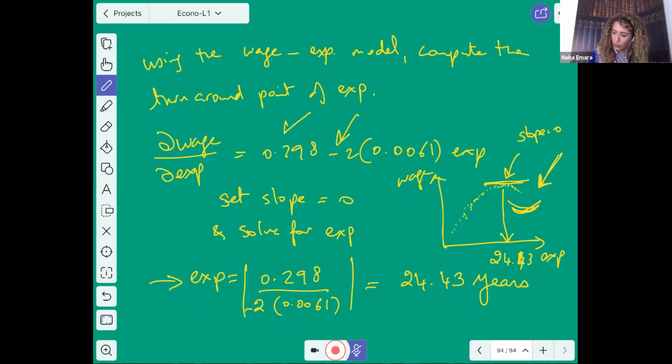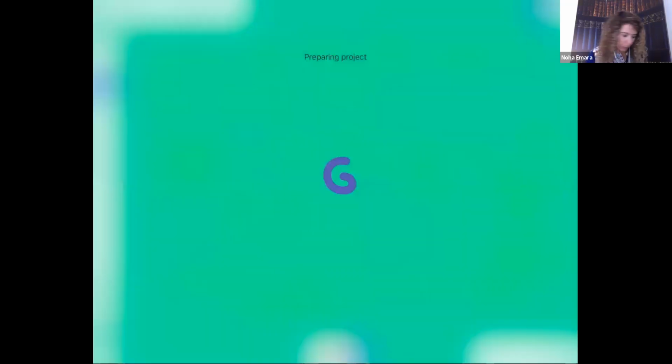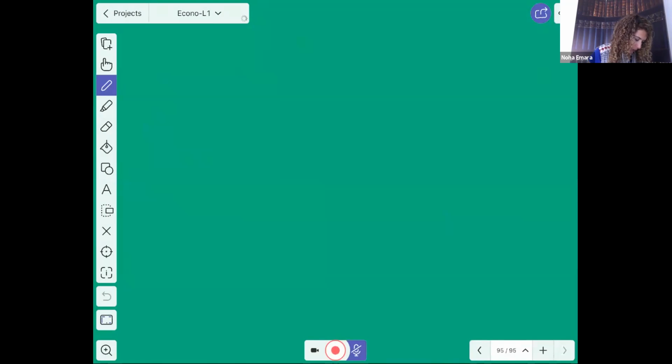So we're actually done with the polynomial models, and our next topic is about log models. So what are log models? Suppose you are interested in the percentage change.